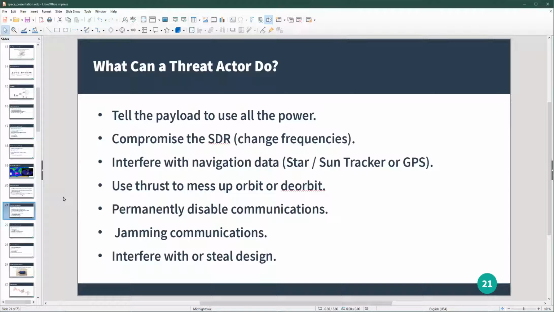I'm not going to get into details about how it works, but essentially it just hops around all these frequencies. But because in space you're sharing all those frequencies with all the other stuff, that becomes impossible. So all the satellites are susceptible to jamming of some kind. And of course, other countries can interfere or steal the design. So we have, like SolarWinds, supply chain vulnerability.